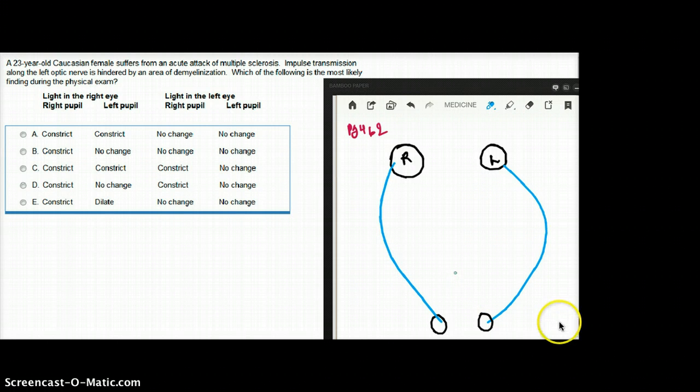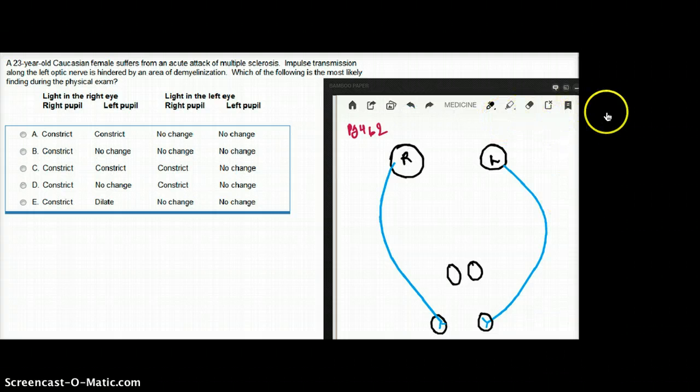From here onwards, the pretectal nucleus is going to make two synapses with something called the Edinger-Westphal nucleus. The Edinger-Westphal nuclei are kind of here. These are the nuclei for cranial nerve 3. So two impulses go.